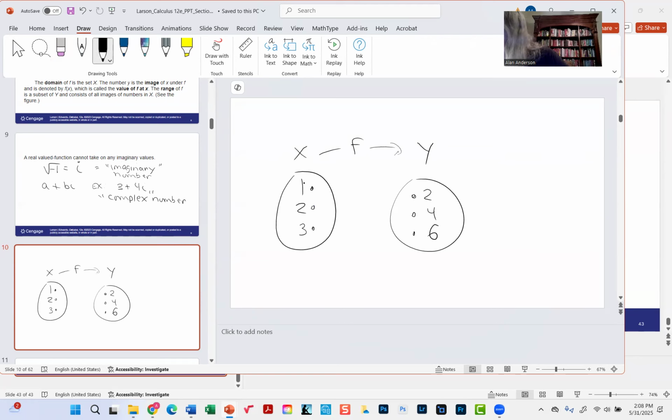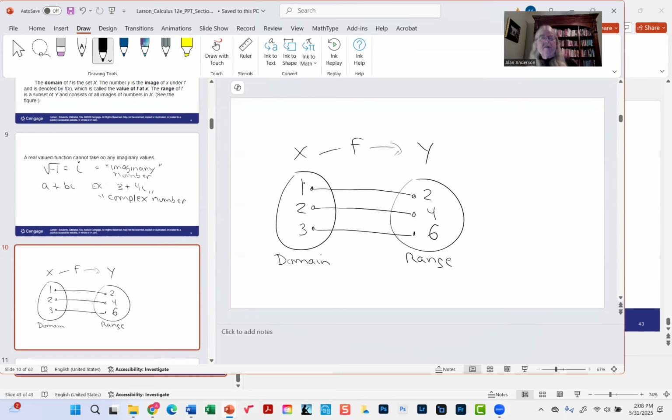This is the function f, which associates each of these x's with these y's. Okay, specifically, this is the function f of x equals 2x. But here, the domain is the numbers 1, 2, and 3. This is the range. Okay.